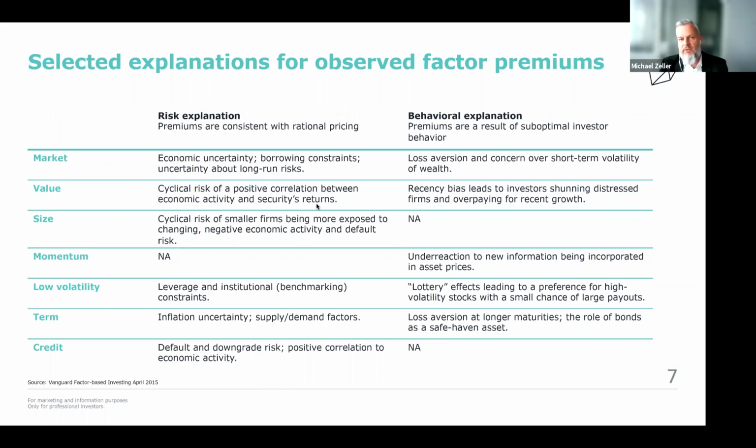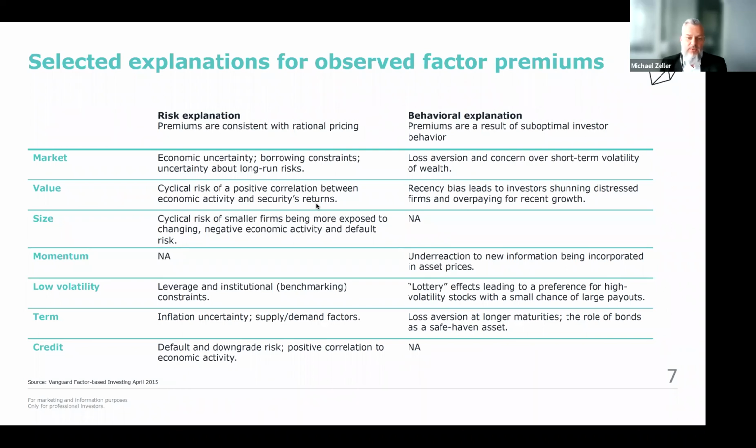And as we all know, interest rates came down pretty much in the last decades. So it could be, for example, that a lot of the outperformance of the low volatility stocks just comes from the declining interest rates.